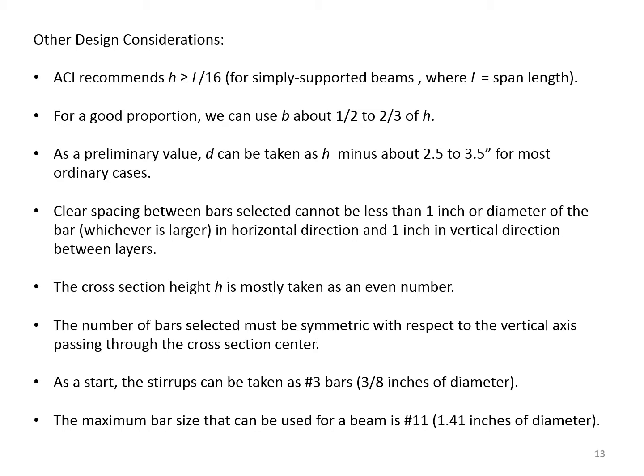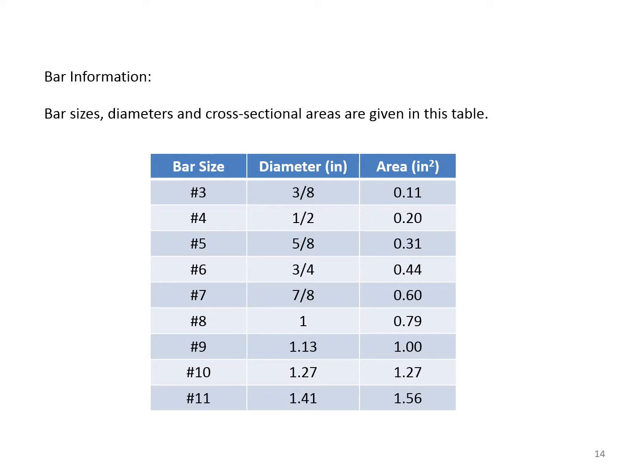The maximum bar size that can be used for a beam is number 11 with 1.41 inches of diameter. In this table, you find the bar information. Bar sizes, diameters, and cross-sectional areas are given for number 3 to number 11 bars.